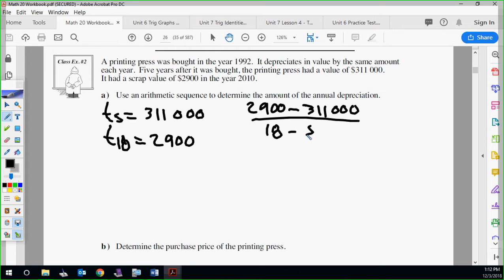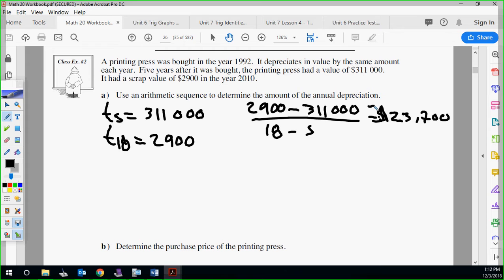That would give me the depreciation value. Can someone calculate that for me? See what the annual depreciation is. $23,700. Good. So $23,700 depreciated every year. That's a negative, so it went down that much.